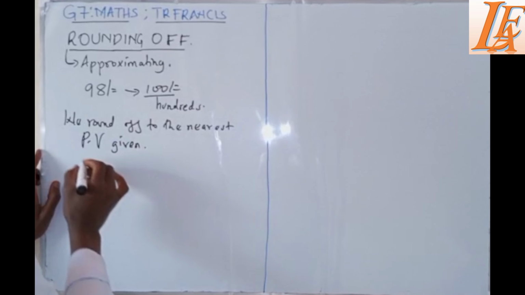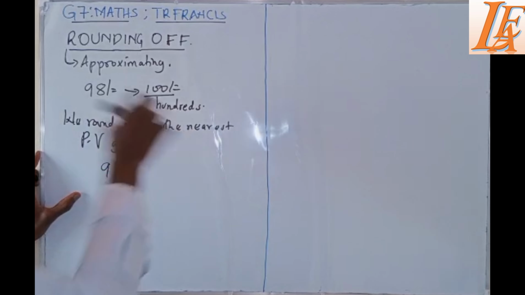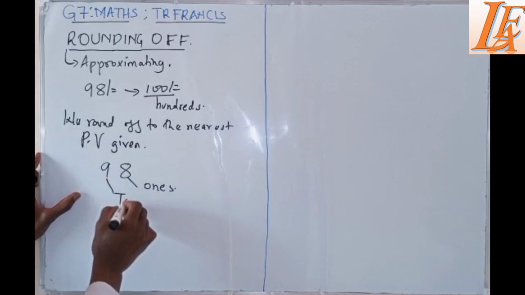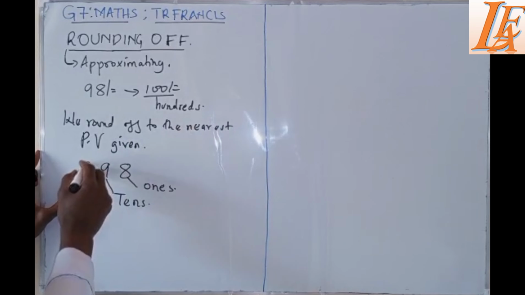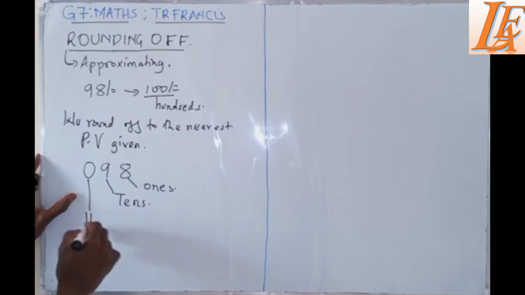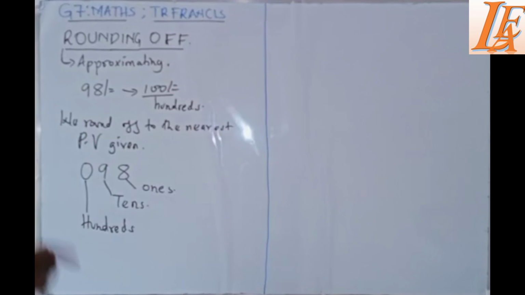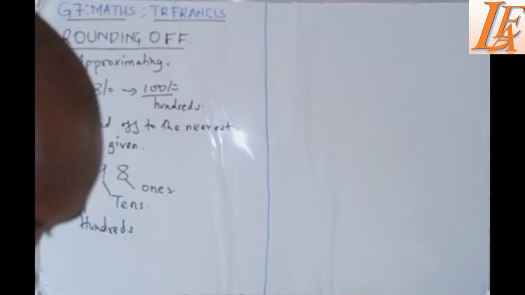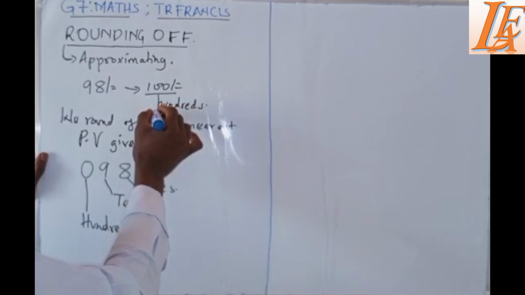In rounding off 98 to the nearest hundreds, 8 is in the ones place value, then 9 is in the tens place value, then the number in the hundreds place value is 0. Now, in rounding off, we look to the place value previous to the place value given.